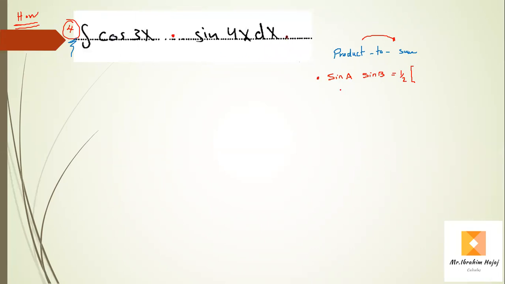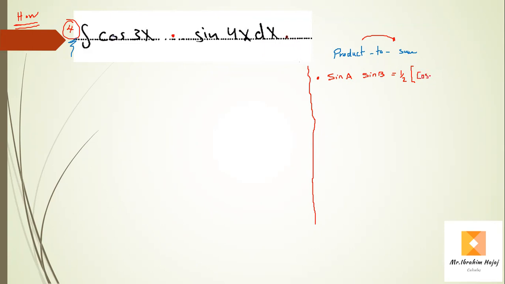I have now sin A, sin B. It's not related to the question. I'm going to write the formulas all here at the right of this page. Sin sin equals half and then cosine.